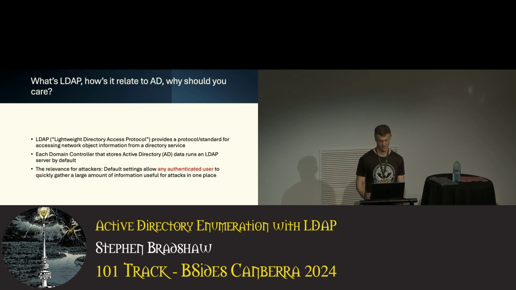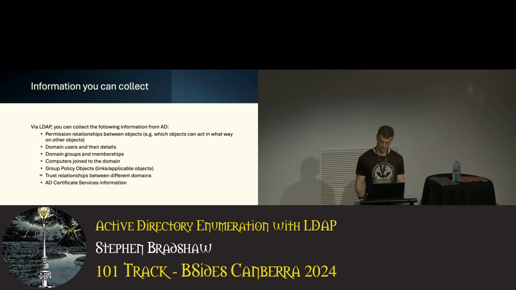The relevance for attackers is that under the default settings, any authenticated user can quickly gather a large amount of information that is useful for identifying or facilitating attacks in one place. So the information you can collect includes permission relationships between objects, so what objects can act in which ways on what other objects. You can get lists of domain users and their details.